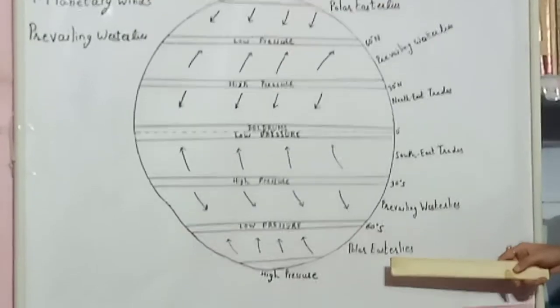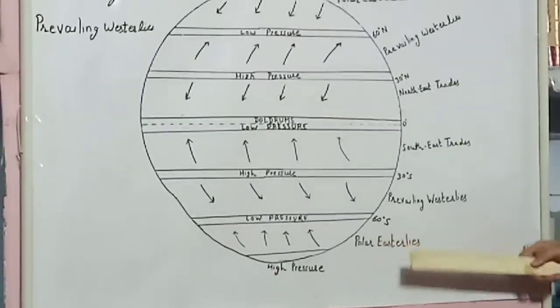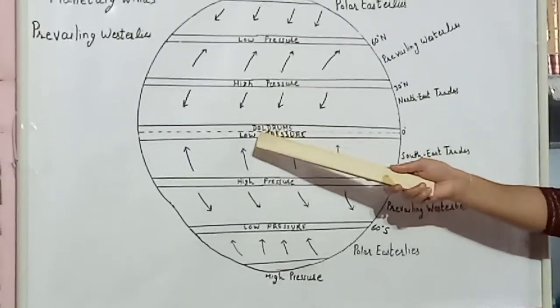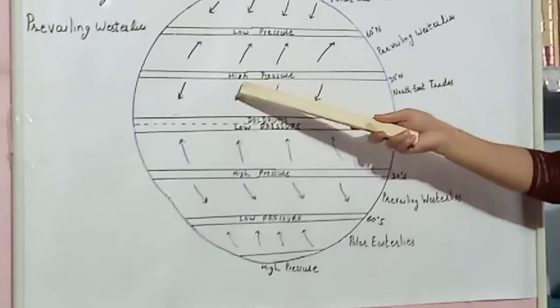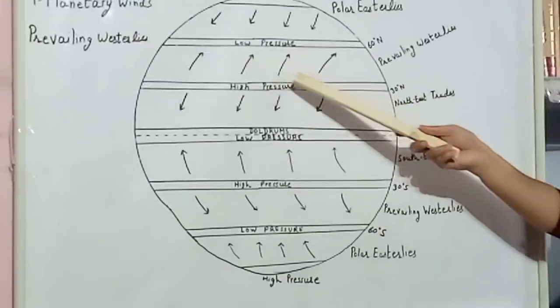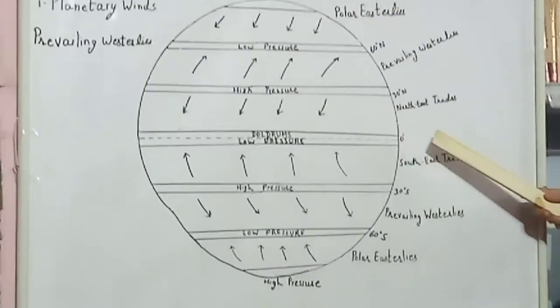Therefore, this belt is called the roaring forties. So these areas are called the doldrums, and this is the high pressure belt and low pressure belt. Between these areas are the horse latitudes.